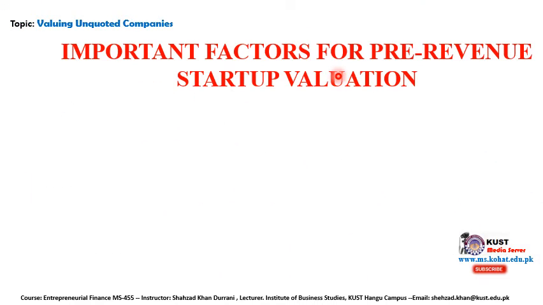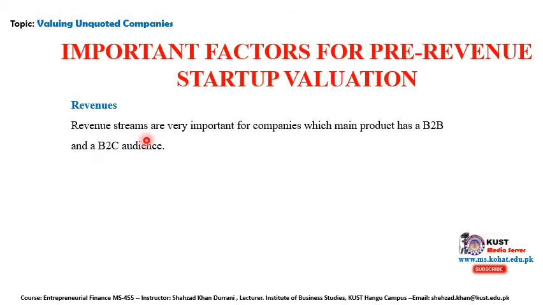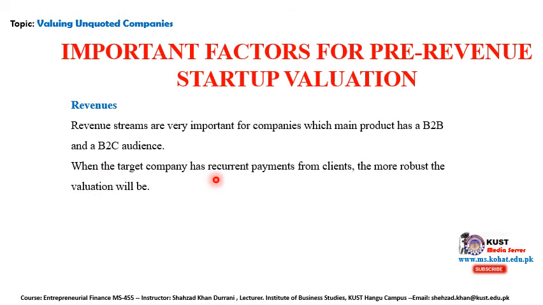Another important factor for the pre-revenue startup valuation is the revenue. What does it mean? Revenue streams are very important for companies whose main product targets a business-to-business and business-to-consumer audience, right? So for example, you have transactions from business to business and from business to consumer, and when the target company has recurrent payments from clients, repeatedly receiving payments from clients, business to business or business to consumers, the more robust the valuation will be.